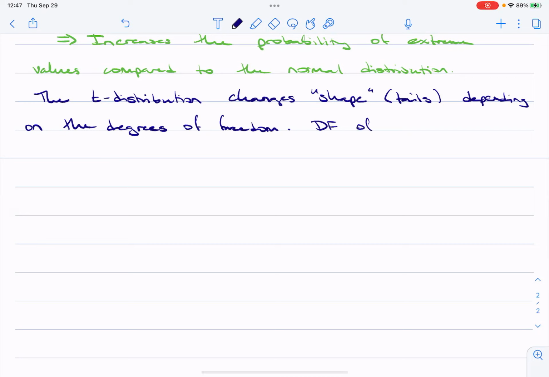Degrees of freedom often depends on the sample size, right, for example, n-1, right? For a one sample mean hypothesis test or confidence interval, for example.